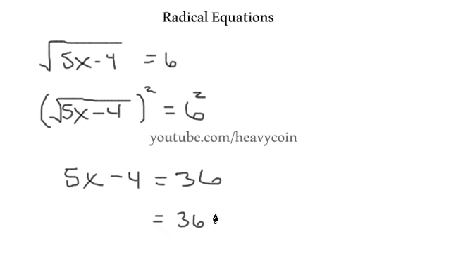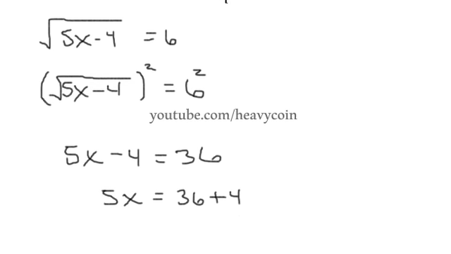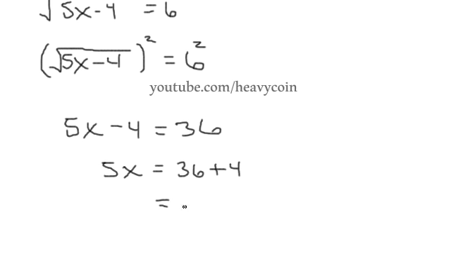And then we have 36 plus 4, bringing that 4 over to the right. So now we have 40 equals 5x, so x is equal to 8.